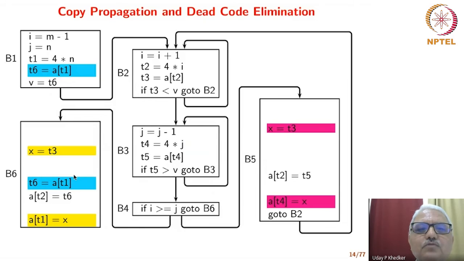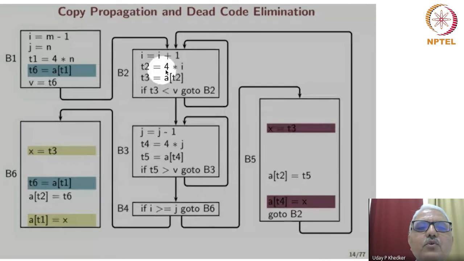Observe here that whenever I is incremented by 1, what it essentially means is that the value of T2 is changing by 4 every time.